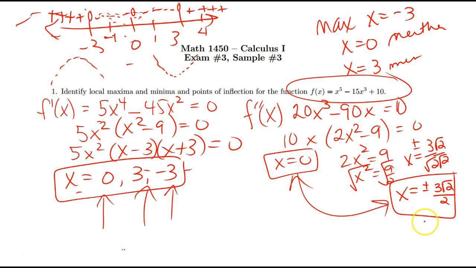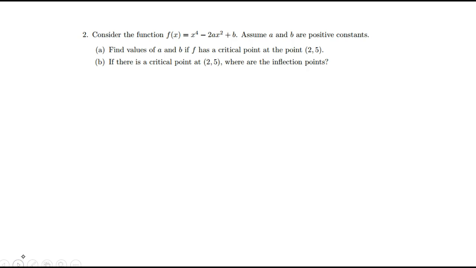If I go negative 3 square root of 2 over 2, that's about negative 2.12. So that means here, where this thing is going down, yeah, we have a point of inflection in here, here, and here. They didn't ask us what's going on with the concave up or concave down, so I won't really worry about it, but let's see what's next.